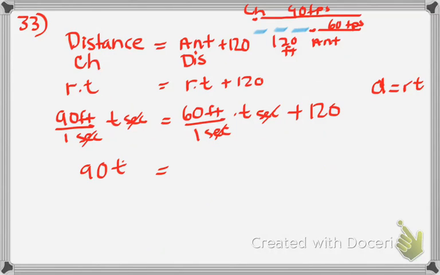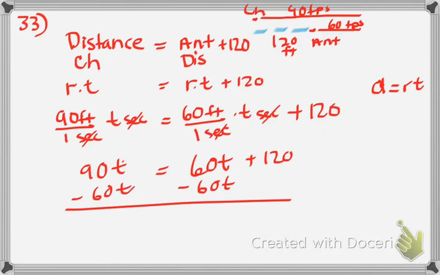equals 60T plus 120. So next, I subtract 60T. We get 30T equals 120.